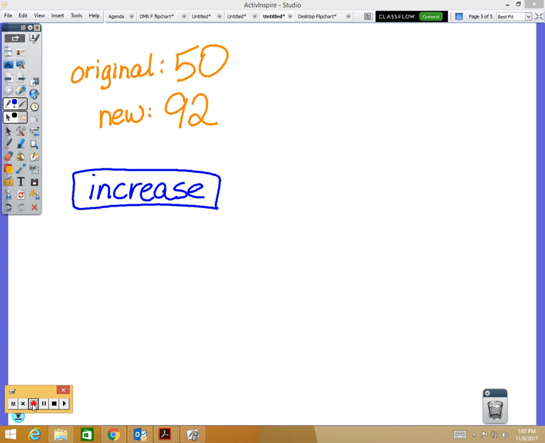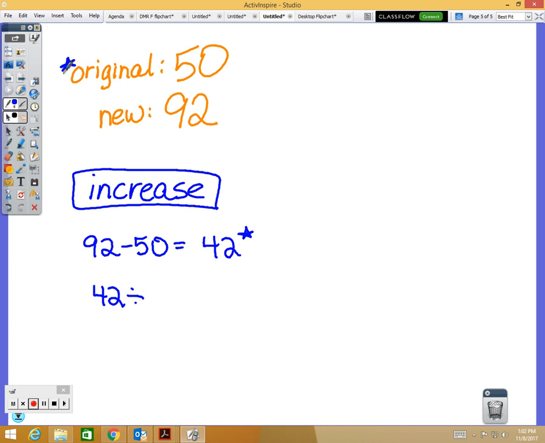The difference is going to be 92 minus 50, which is 42. So if you got 42, then you got the first step right. You found the difference. This second step is taking the difference, 42, and dividing it by the original amount. It's always divided by the original amount, the starting amount, which was 50.